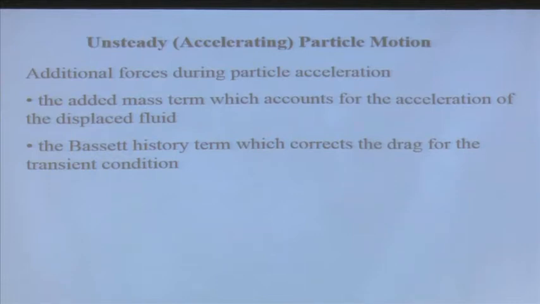So, that is called the added mass term, but how do I know how much is added? It is a very complicated area, and it also depends on the surface property of my particle. It is very difficult to do. And then there is the Basset history term, which corrects the drag for the transient conditions. Initially, when the particle started, it had a mass of x, so my drag is different.